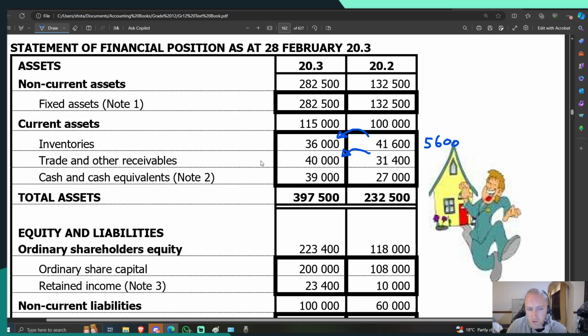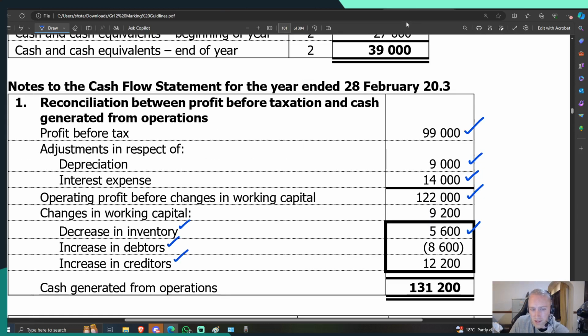Therefore, if the trade and other receivables is actually going up and not down, we must consider it a cash outflow. So we will put it in brackets. In this case, it was 8,600. Let's go to our marking guidelines. There's 8,600 in brackets. An increase in trade and other receivables.